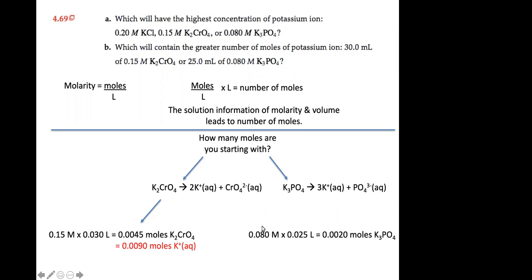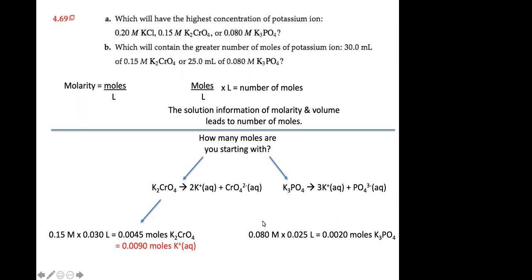Moles per liter times the number of liters we have will tell me how many moles I have of the initial potassium phosphate. And then how much potassium do I get from that? I triple it, because that's how it dissociates. This idea right here gets us to being able to figure out how many moles we have in a given solution.